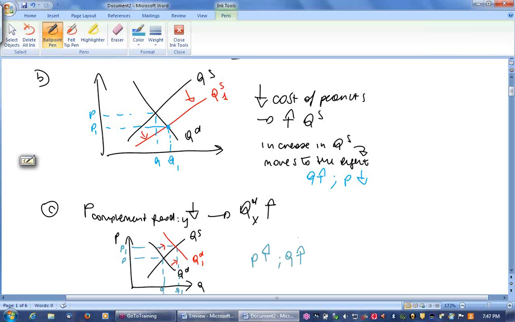So again, here the demand curve is shifting to the right because of the decrease in price of a complement good for peanut butter. Okay, so this is something you have to remember. For complement goods, whenever the price of one good decreases, the demand for the other good increases. Okay? Questions?